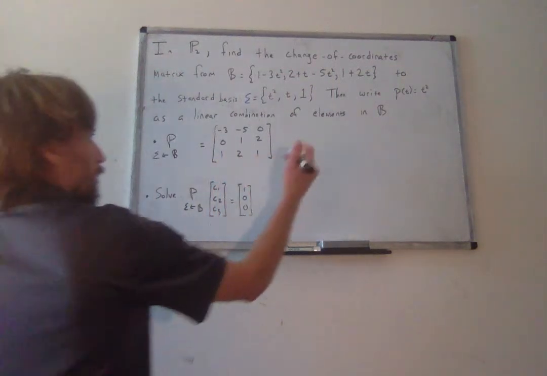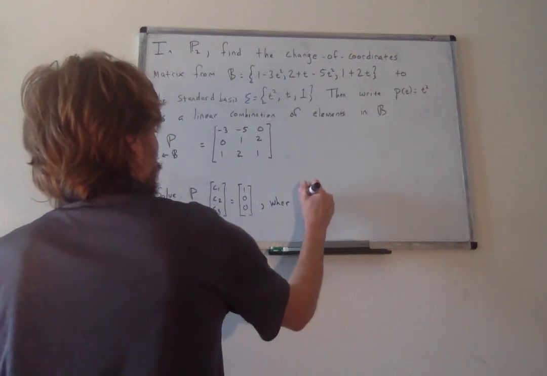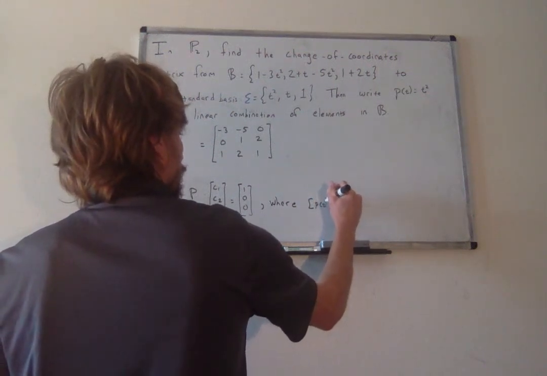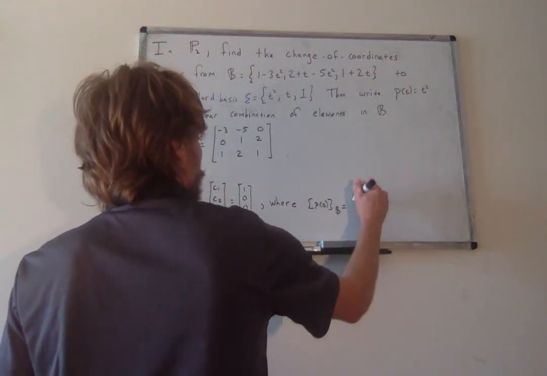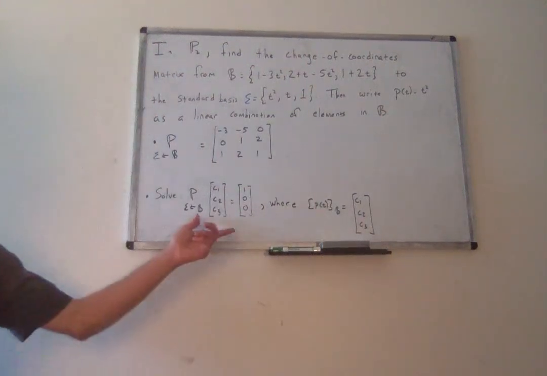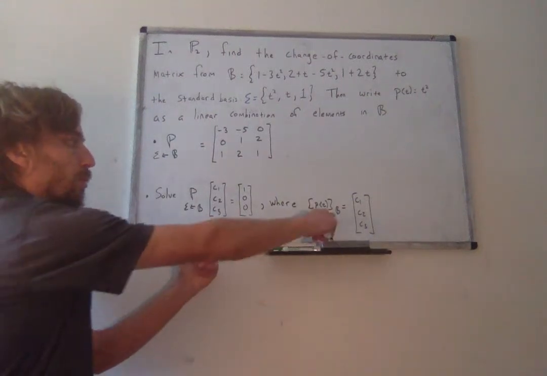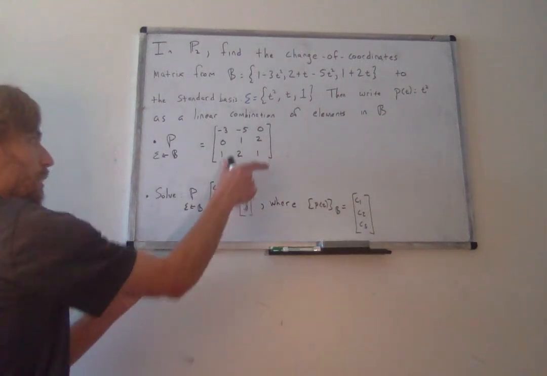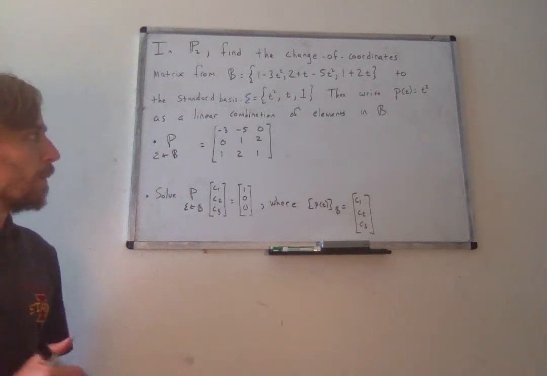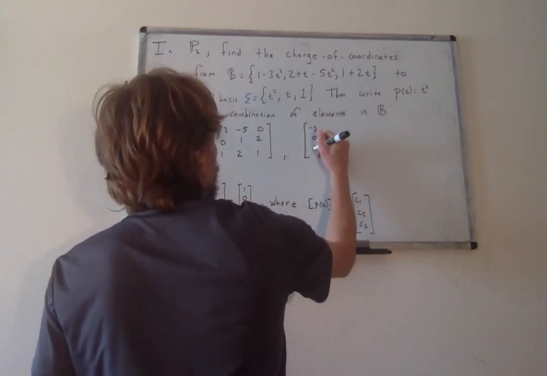Notice this vector is going to be the B representation of p of t. So here I've got the standard basis representation of p of t. This is the B representation of p of t, which we want to solve for, and we know that this matrix times this vector should give me the standard representation of p of t. And so this turns out to just be row reducing an augmented matrix.